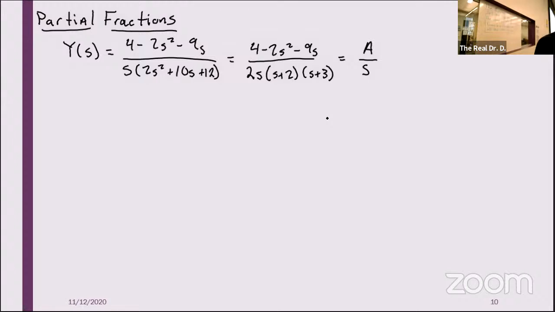So we're going to split this up based off of the different poles that we have, and I'm going to use these constants at the top. I've split this fraction into three separate fractions, each one of which houses the response due to one of my roots.